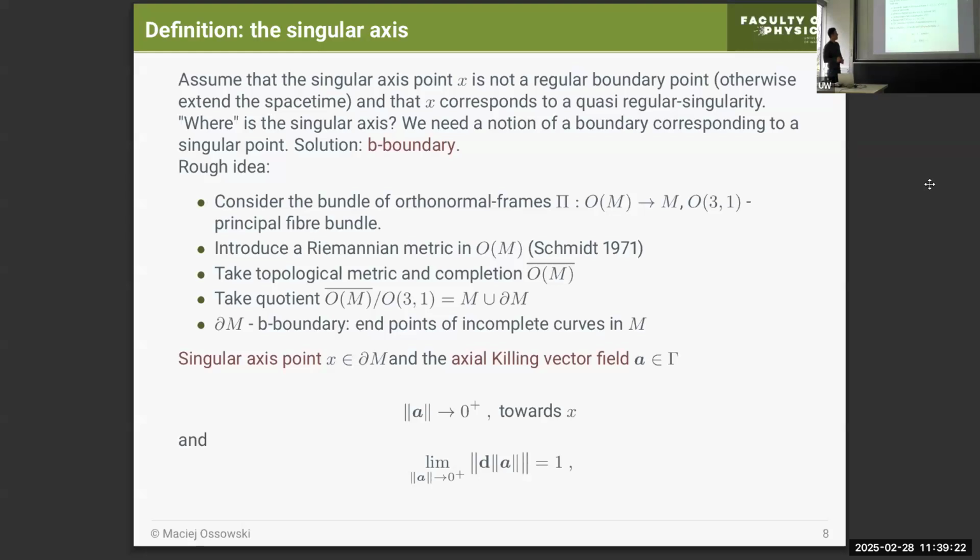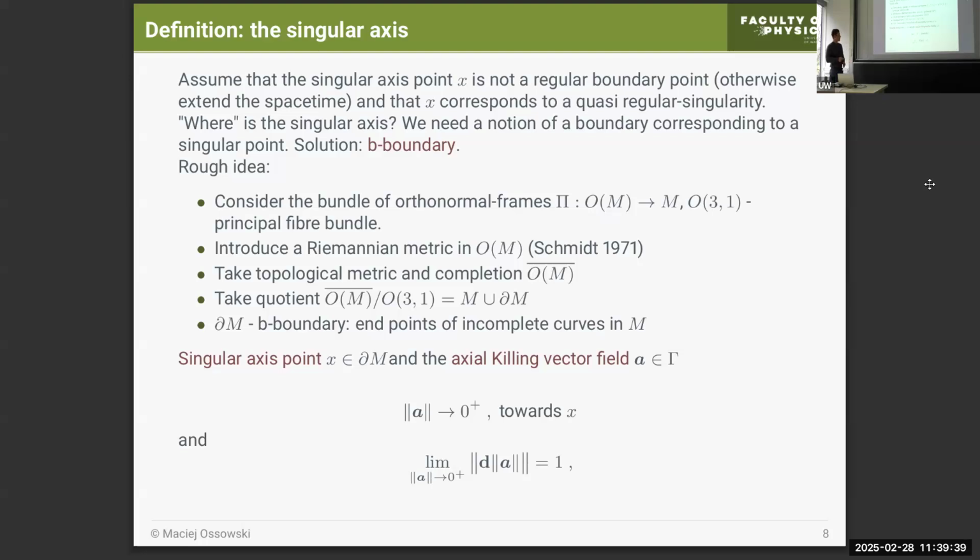So then we use this framework to define the singular axis point and the corresponding axial Killing vector field. However, we do this in tandem. We have to define them both simultaneously.